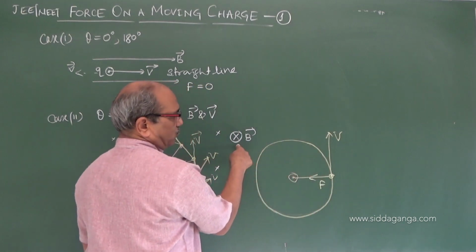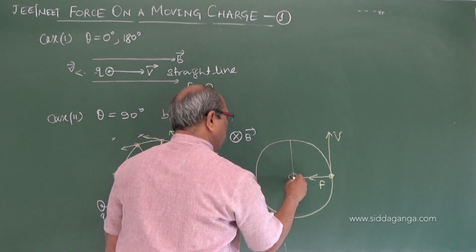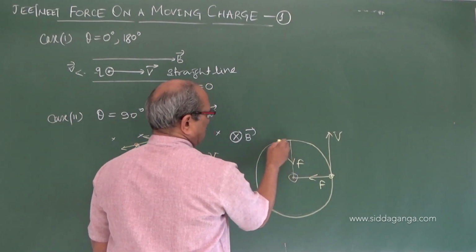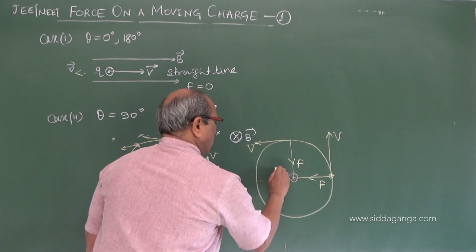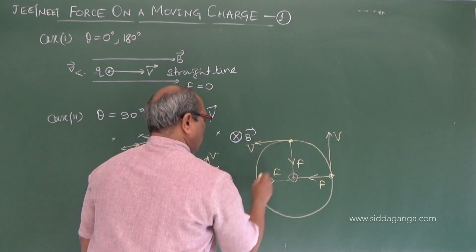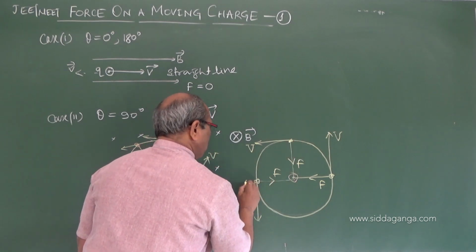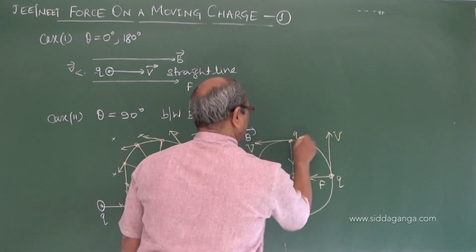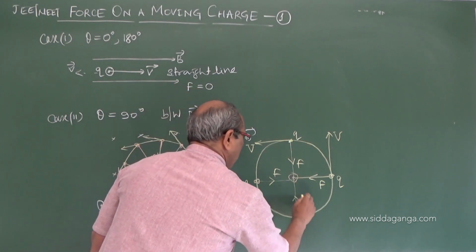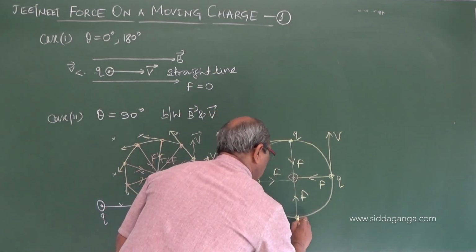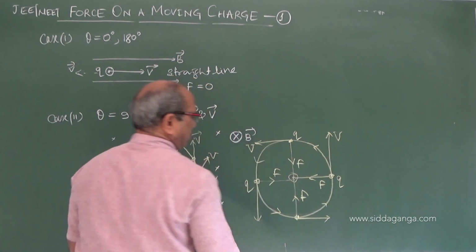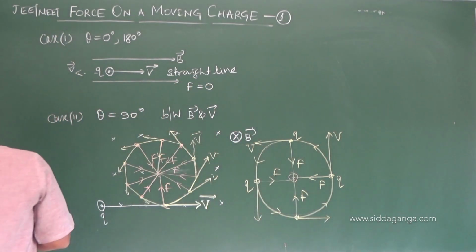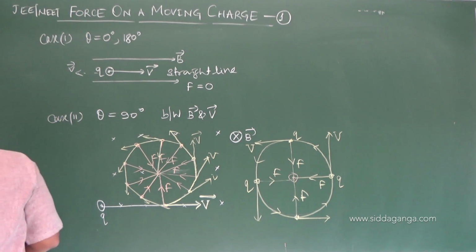B is into the board, as shown here. And even when it comes here, the force is acting towards the center. At every position you can see the charge coming here, so it appears to be describing a circle. Perfectly, it describes a circle in that case.